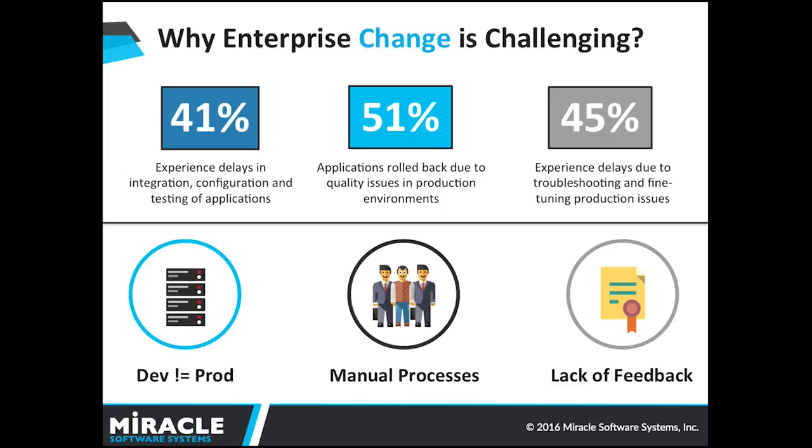So why are enterprises really going for the DevOps model? What is the main challenge that they're facing? Well, a lot of organizations are saying that making change has been very challenging. The flexibility and agility that they are experiencing within their IT organizations for making changes to their applications or their business models has been very difficult.